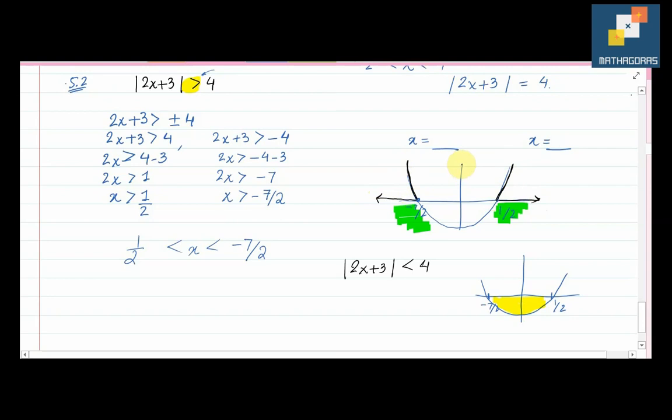Why this curve? Because there is a sign of greater than. Which value is greater? The value of y is greater when we move upwards, right? So that is why we need to see the values that are less than negative 7 upon 2 and greater than 1 upon 2. So you need to highlight the values of the curve that lie outside, and here they lie inside.